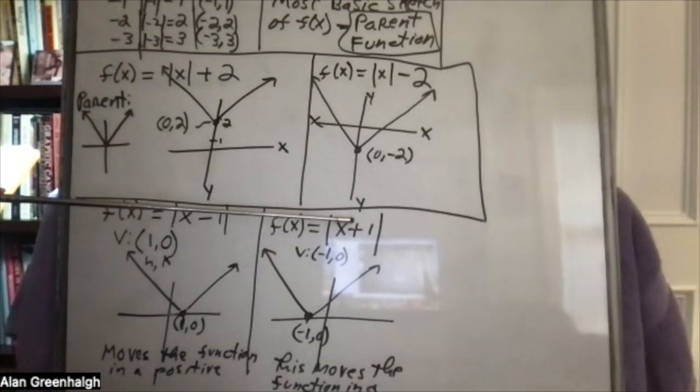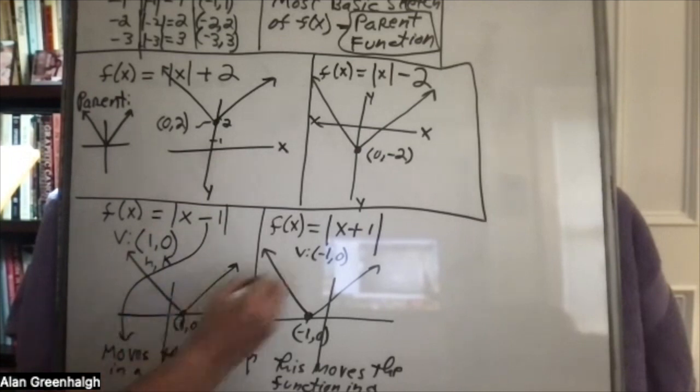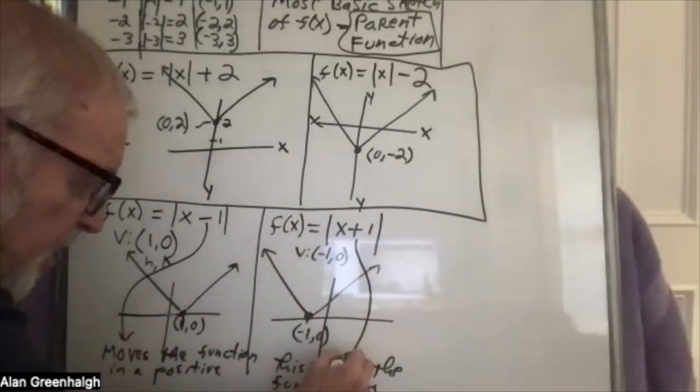This right here: if it's positive, it goes in the negative direction. If it's negative, it moves it in the positive direction. This right here. And this right here.